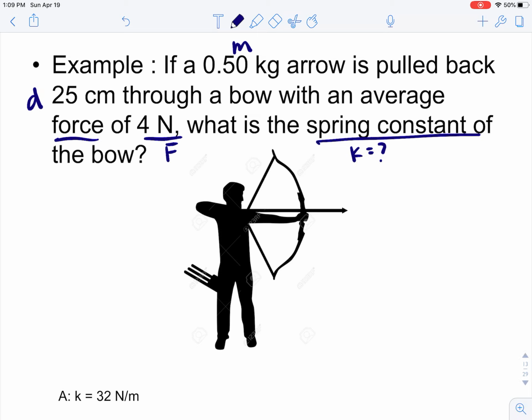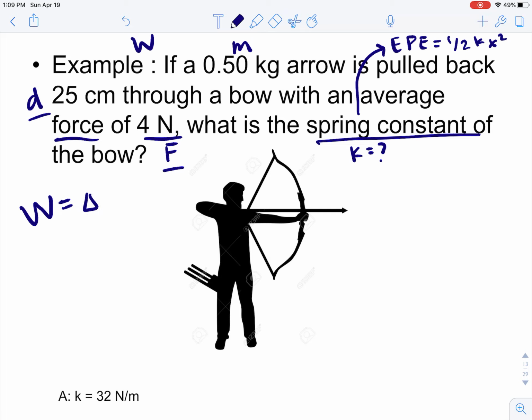And remember, spring constant is that weird letter K in that elastic potential energy equation of the bow. Speaking of elastic potential energy, since they said that word spring constant, I can probably assume I'm going to use that elastic potential energy equation because that is the only equation we know of so far that has spring constant even in the equation. And they also gave us force and distance, so I'm probably going to use work.